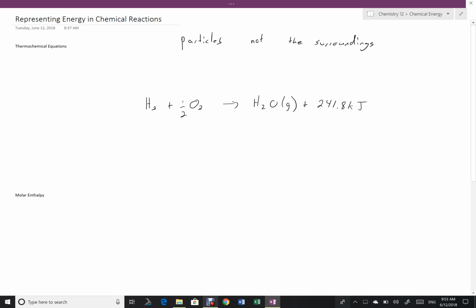Now we see here, this usually would be written as kilojoules per mole. But I've set up this equation so that I have 1 mole of water being produced. So if I know I have 1 mole of water, then I know I have just the 241.8 kilojoules because I'm dealing with just 1 mole. I could write this as a proper balanced chemical equation with no half coefficients.